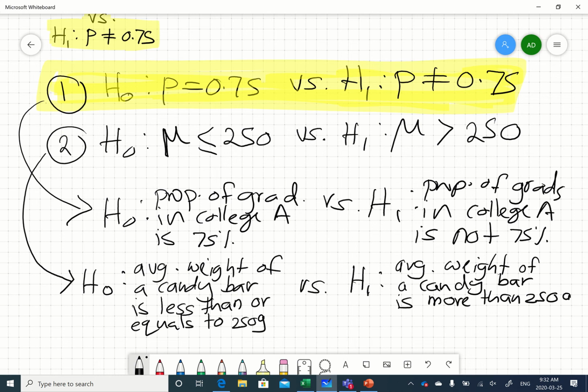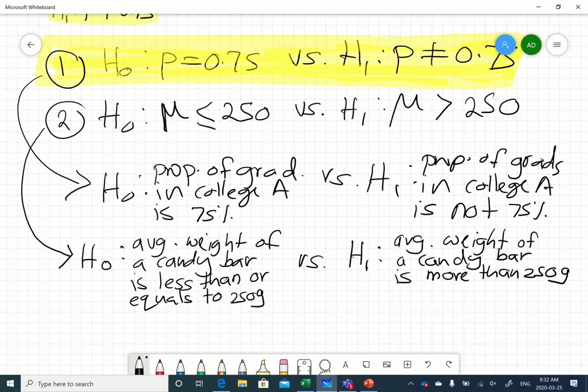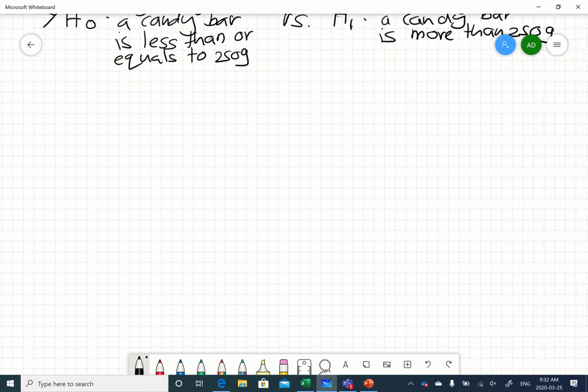So whichever method you like, you have to build H0 versus H1. So that is step one.